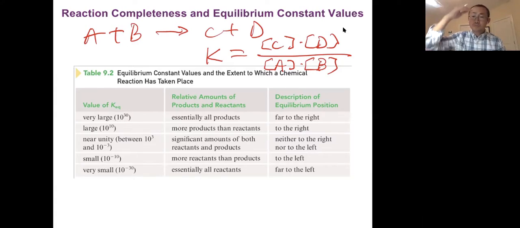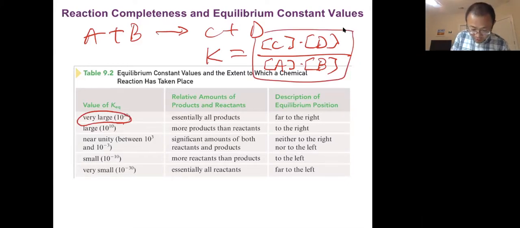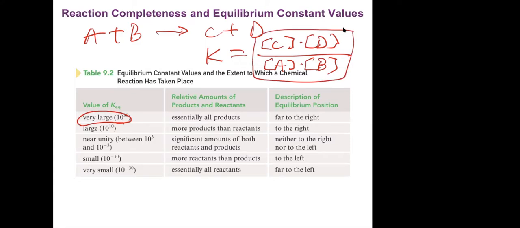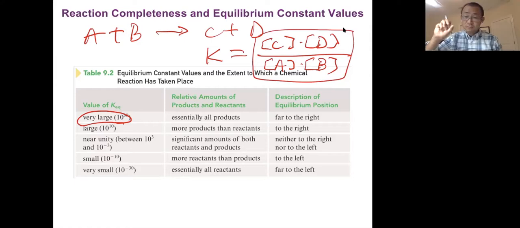K equals product over reactant. So if K is large, what does it tell you? Look at this. This is the equilibrium constant. If K is large, there's a lot of product, a lot of C and D, and a tiny amount of A and B. Is that right?